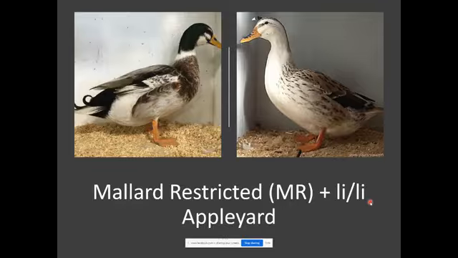I couldn't find a good example of that with the dark phase, so I had to bring in that same gene. But what you can see there is generally lighter color and the white elements of the color remaining. So you've actually got two mutations at play there from the basic mallard color: the mallard restricted allele in the mallard series, and the light phase coming in.